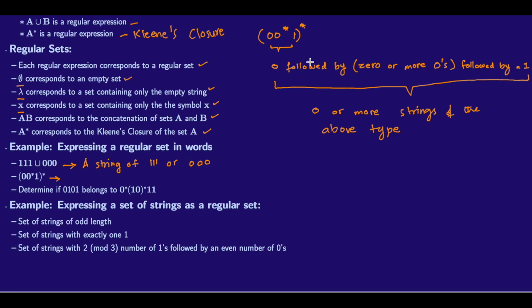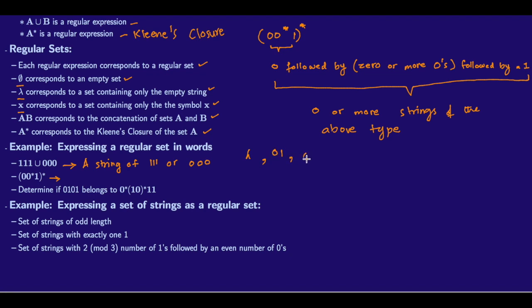So what does it mean? 0 followed by 0 or more zeros followed by 1, and then we have 0 or more strings of this type. Let's take some examples. 0 1 is one example, and obviously the empty string is another example. 0 1 is an example where I have no extra zeros, and I'm just taking the one part of the Kleene closure.